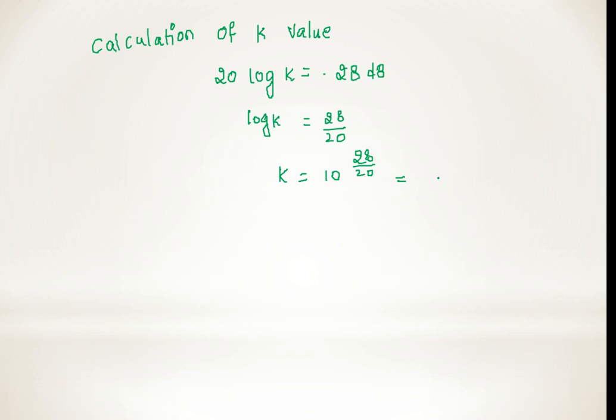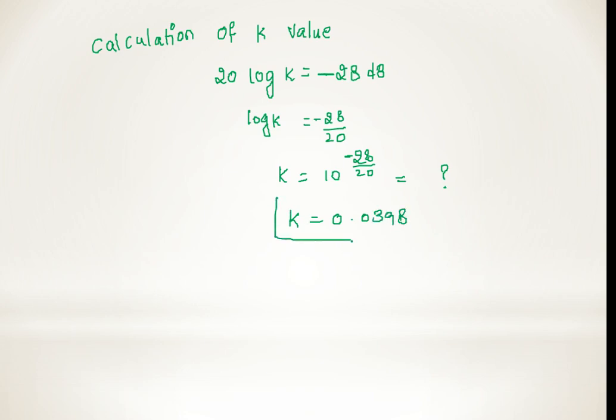So we are getting the k value. We have to equate the 20 log k equal to minus 28 decibels. So from this we can calculate the k value. So we are getting the k value 0.0398.